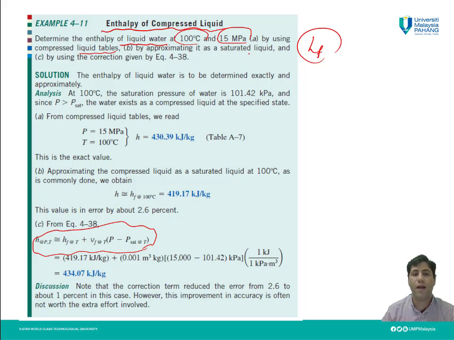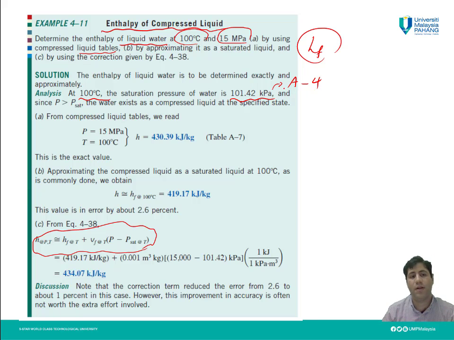First of all, why do we call this a compressed liquid? As I said, for a compressed liquid, the pressure of the liquid is much higher than the saturation pressure of that liquid. So for water at 100 degrees Celsius, the saturation pressure is 101.42 kilopascal. How do we know that? We can get this information from table A4.